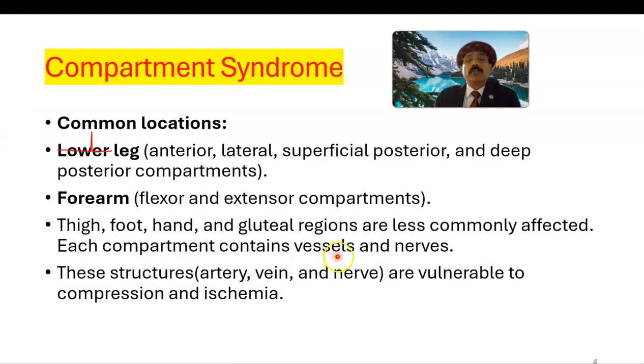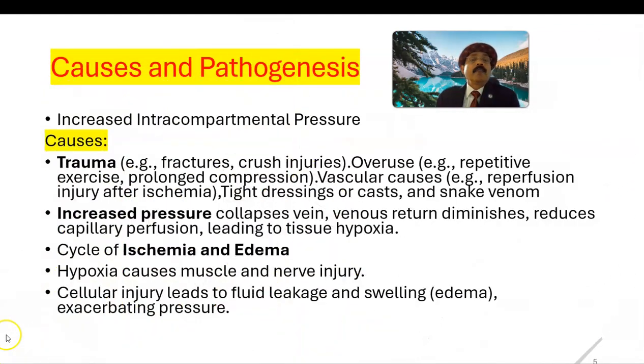Each compartment contains vessels and nerves. These structures, artery, vein, and nerves, are vulnerable to compression and ischemia. Causes of increased compartment pressure include fracture, crush injuries, overuse, repetitive exercise, prolonged compression, and vascular causes like reperfusion injury after ischemia.